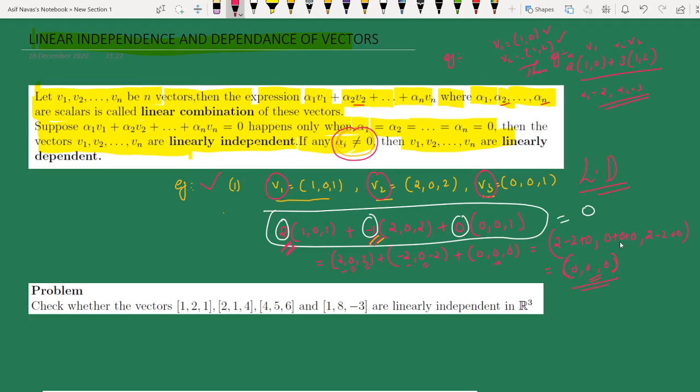Okay, now I give another example. V1 is equal to 1 0, V2 is equal to 0 1. Tell me, is it linearly dependent or independent? You check whether alpha 1 V1 plus alpha 2 V2 is equal to 0 0.